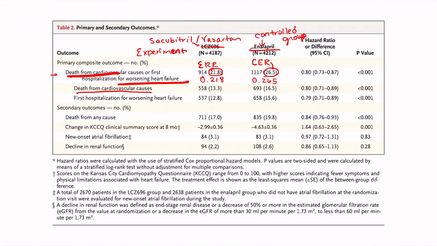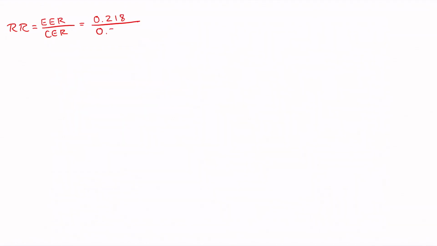So let's go ahead and try to calculate relative risk, or the risk ratio. As I mentioned before, it's the EER divided by the CER, which equals 0.218, which we decided was our EER, divided by our CER, which is 0.265. If I plug and chug this into my handy-dandy calculator, I should get 0.8226.